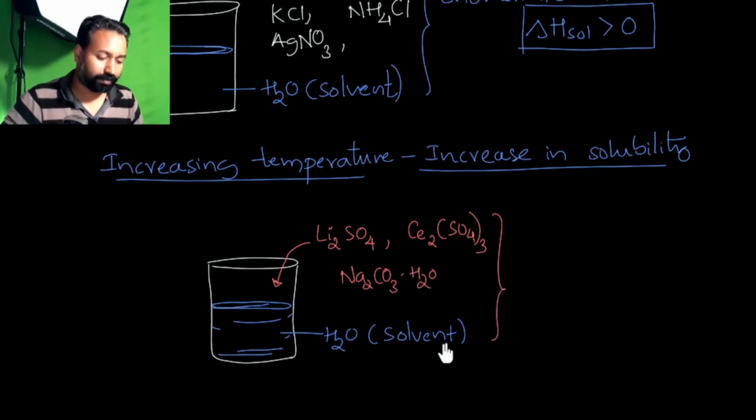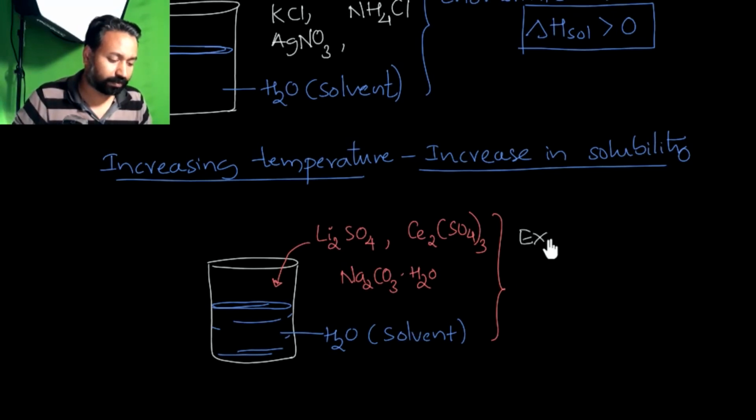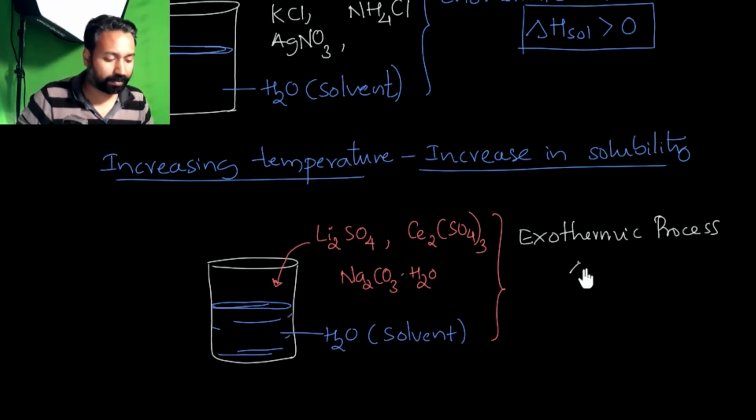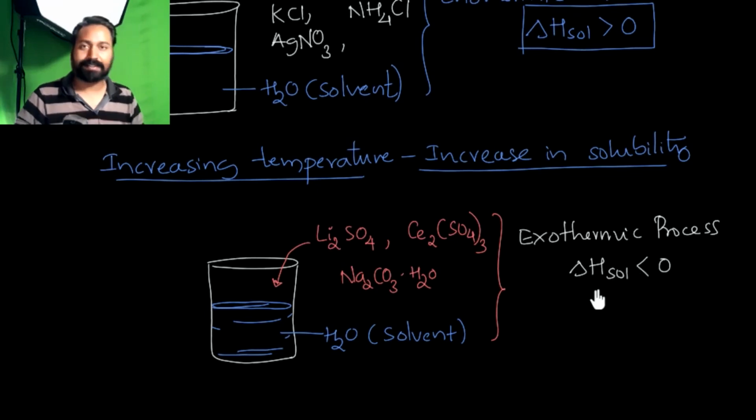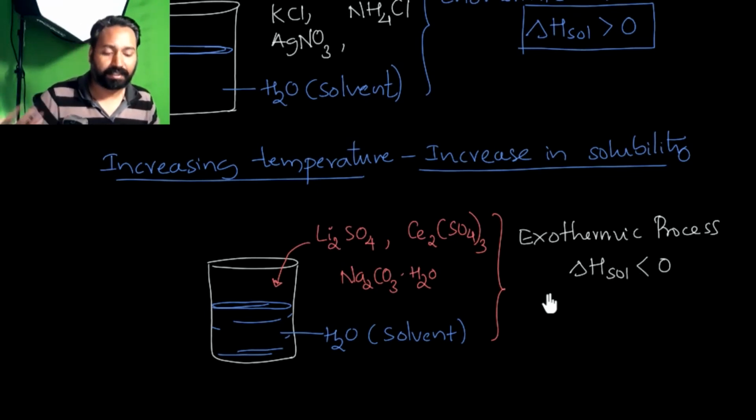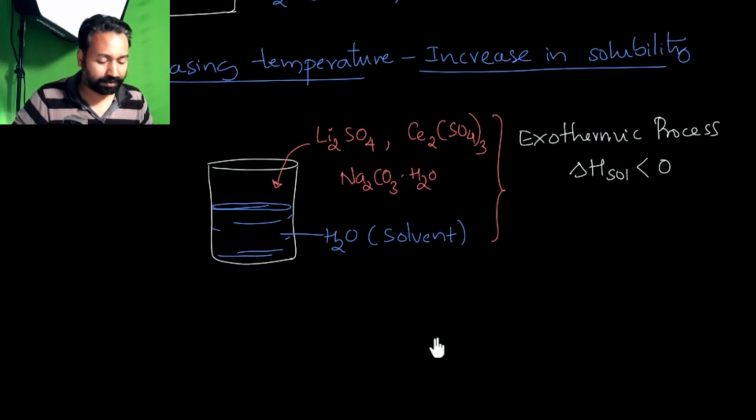When you add these solutes in water, heat is produced, and that process is known as an exothermic process. For the exothermic process, you have to remember the enthalpy of solution is less than 0. It means that it is negative. The liberation of heat takes place.